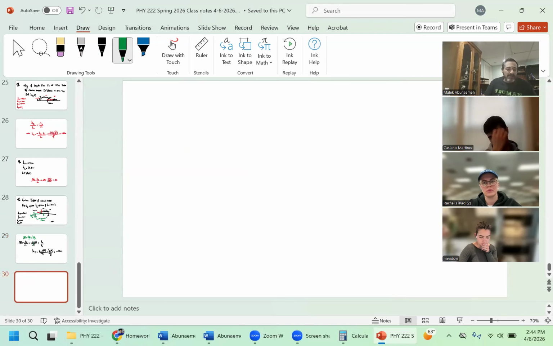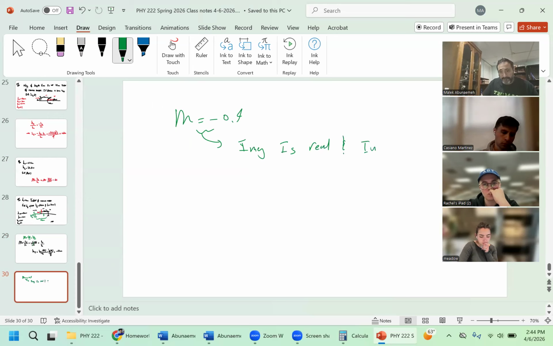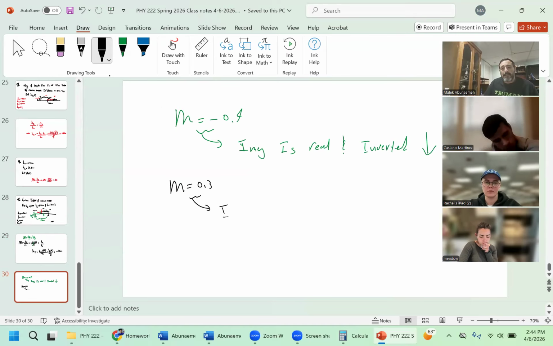When you say M equals, let's say, negative 0.4, this means that the image is real and inverted. Basically, it's going down. When M is positive, the image is virtual and pointing up.